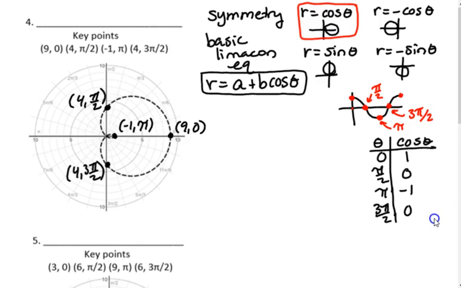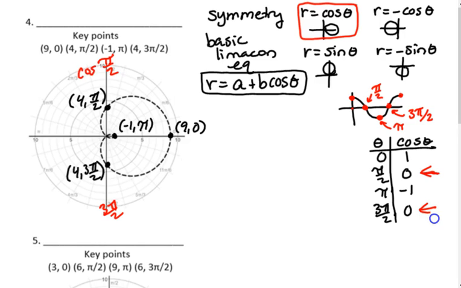So I want you to notice these two right here. If theta is equal to pi over 2 or 3 pi over 2, let's just label these, this is where cosine of that angle equals 0.